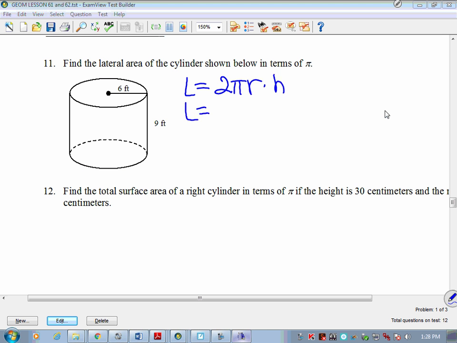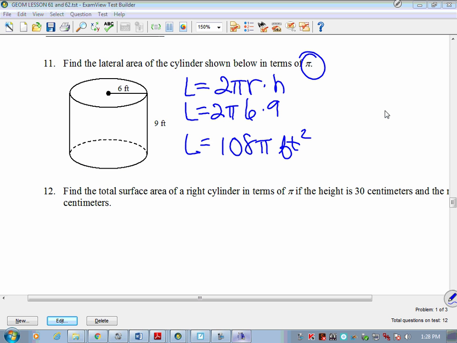Lateral area is 2 pi times 6 times 9. We want it in terms of pi, which is going to make life a little bit easier. So 6 times 9 is 54, and 54 times 2 is 108 pi feet squared.